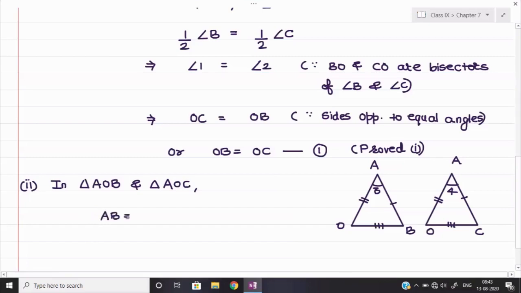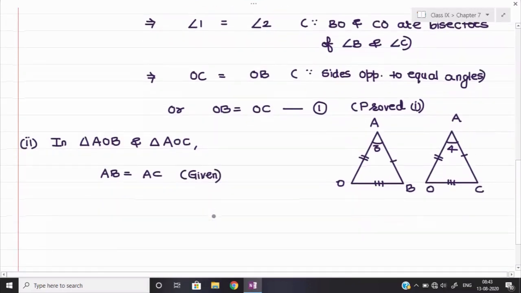So AB is equal to AC. Reason you can write: given. Then second one, AO is equal to AO. That is with the help of common, we can say. Third one is OB is equal to OC.